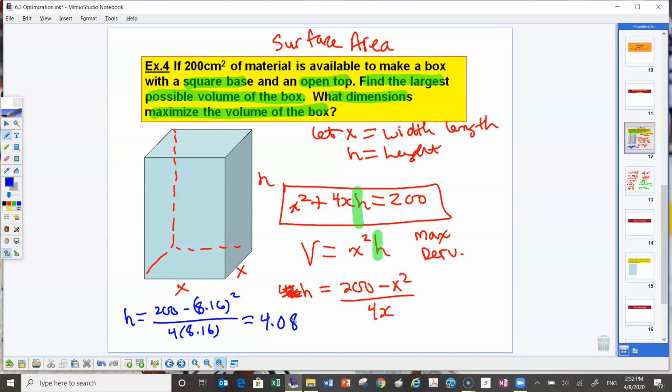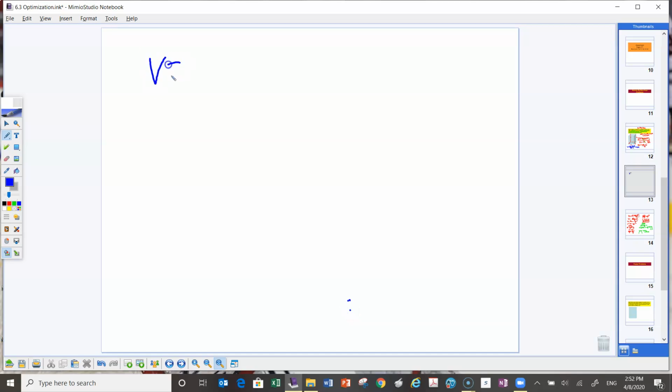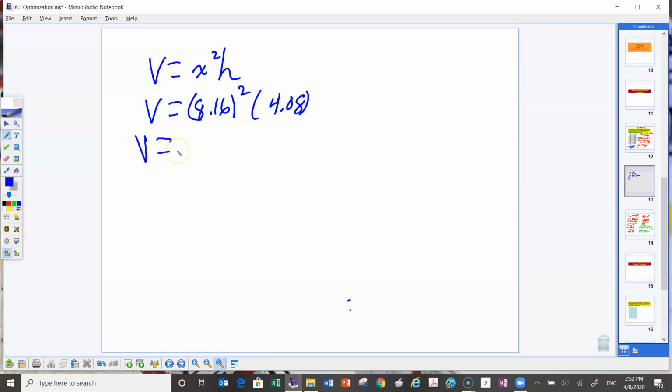So I know my dimensions of the box, and the last thing I need to do is find the volume. So let's go to a new page here. To find the volume, I'm going to use the formula x squared h. So the length was 8.16, the height was 4.08. So if I do the calculation here, my volume works out to be 271.67.